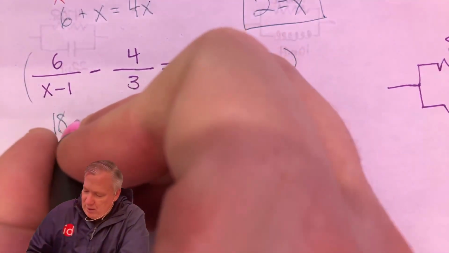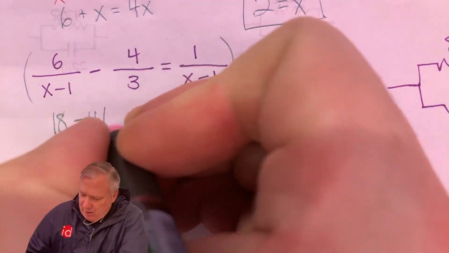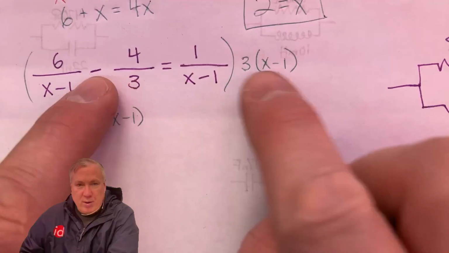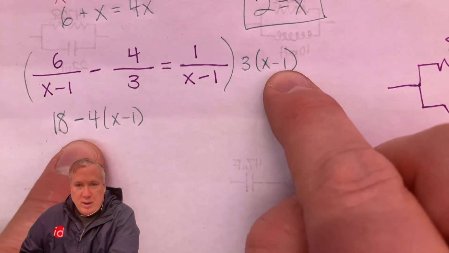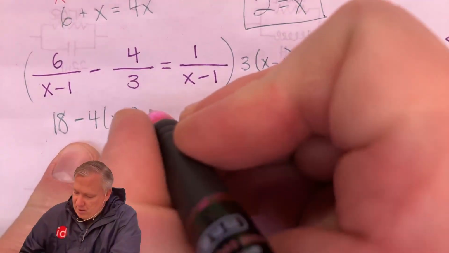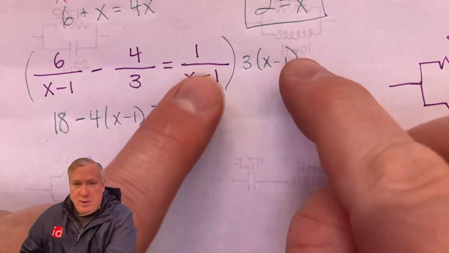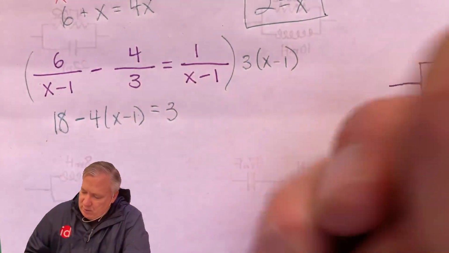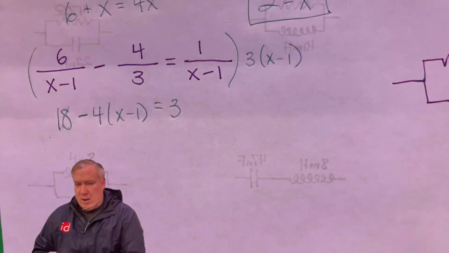So I'm just going to write it like this, minus 4 times x minus 1. Again, when I multiplied these two, the 3 went away, so I'm left with minus 4 times x minus 1 equals, and then when I multiply these ones, the x minus 1 cancels, so I'm just left with 1 times 3, which is 3.